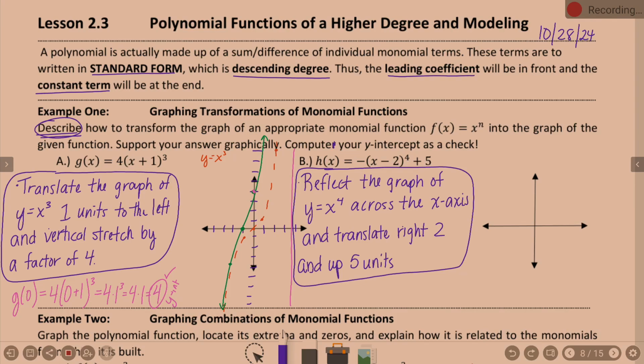As I put some tick marks, I go up and down 5 and left and right 4.